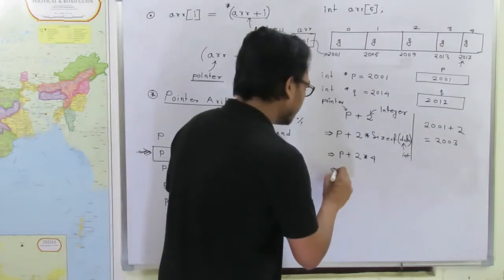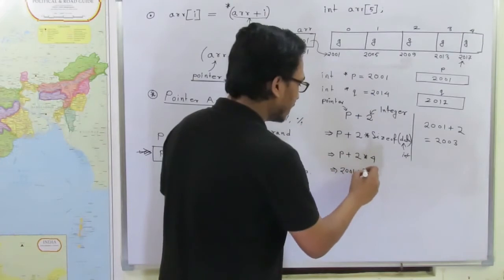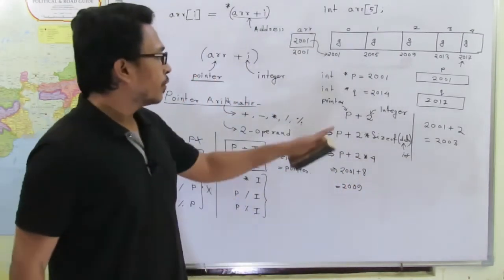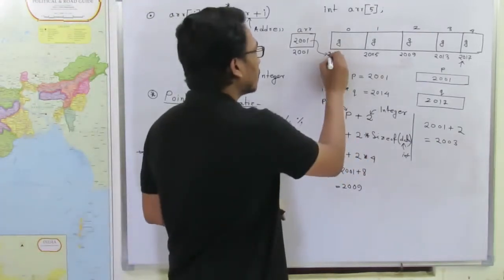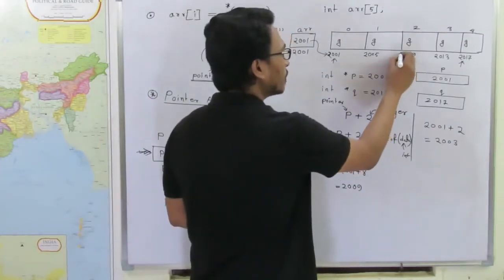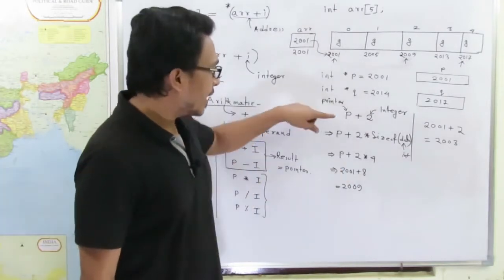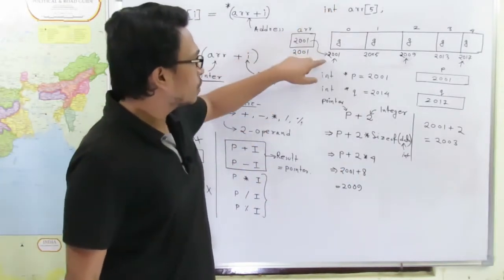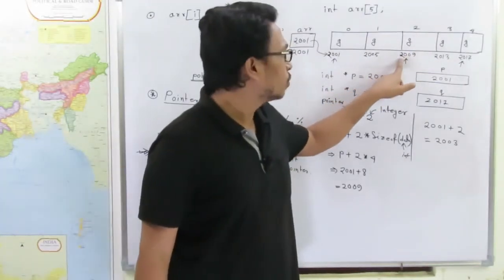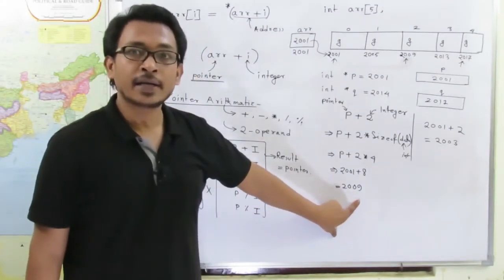So it will give us p, that means 2001, plus 8, that means it will give us 2009. Now look, we give the address of the first element, that is 2001, and we get the result of the third element, that is 2009.